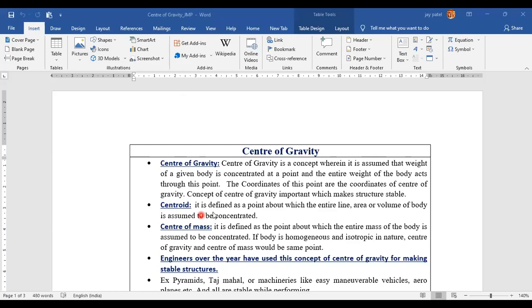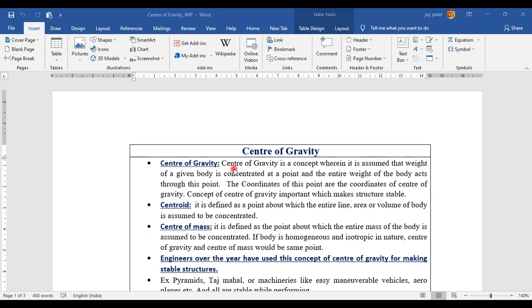Centroid. It is defined as a point about which the entire line, area, or volume of a body is assumed to be concentrated. Now, just compare the definition of center of gravity and centroid. In the case of center of gravity, we are going to consider the weight of the body or mass of the body.